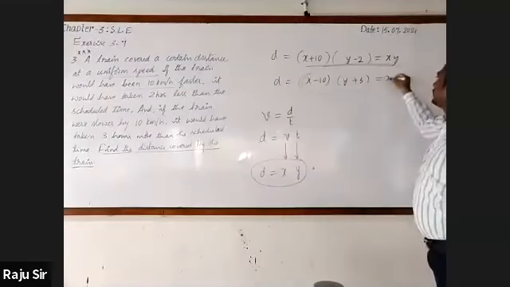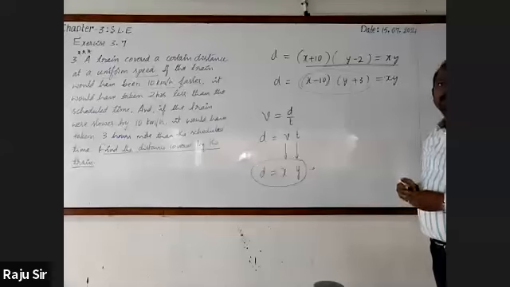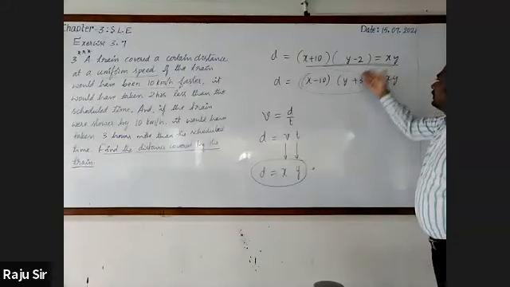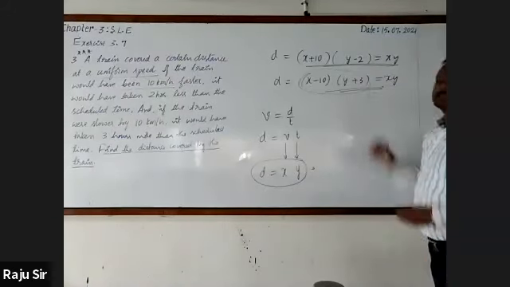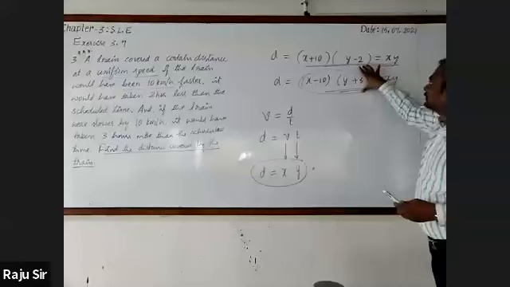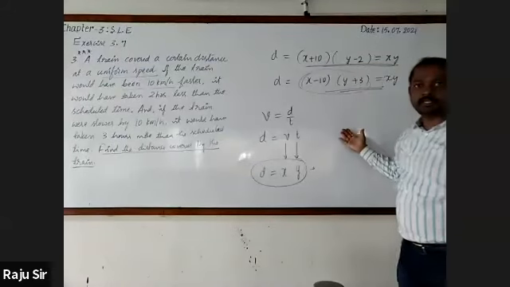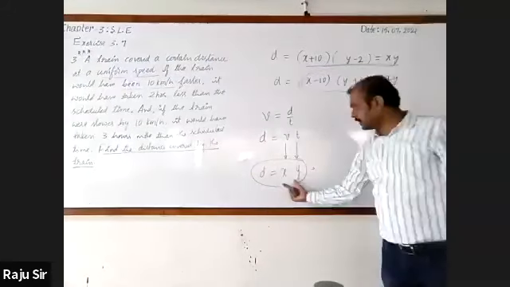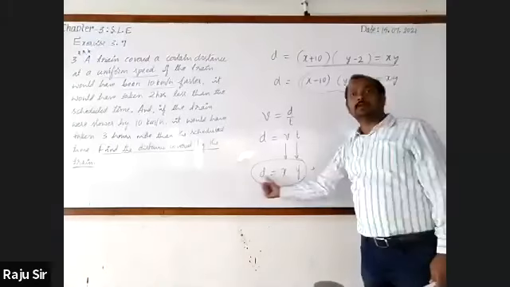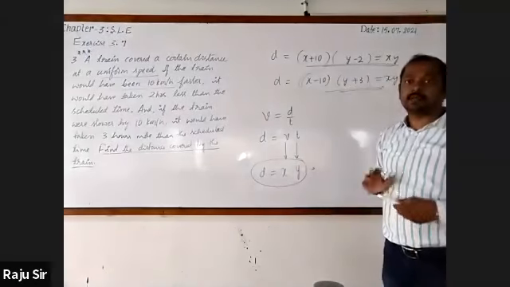Hence, this is also equal to xy. From this you get the second equation. By using these two equations, you can find out x and y. After finding x and y, you may substitute here. You'll get the distance covered by the train.